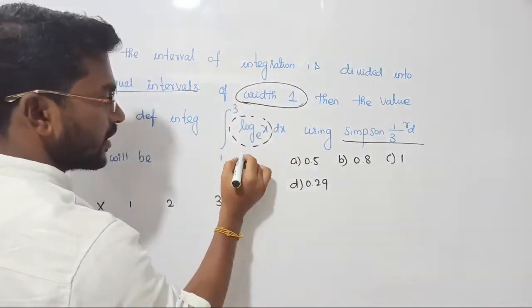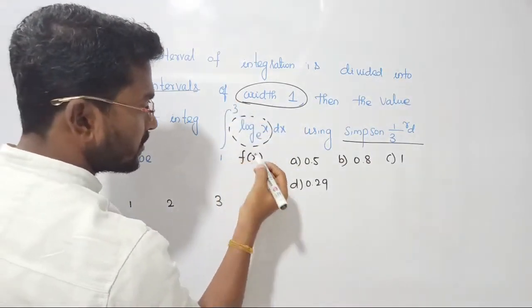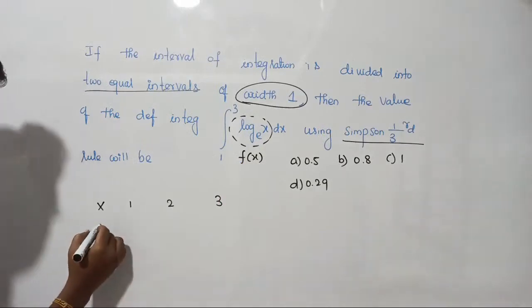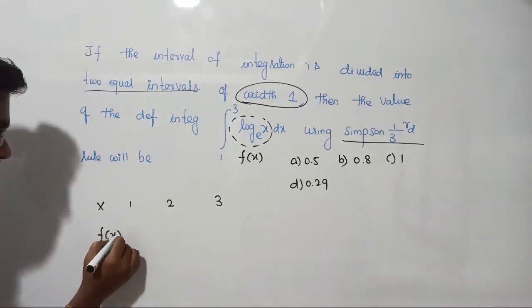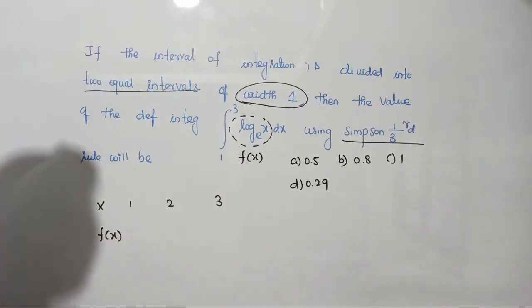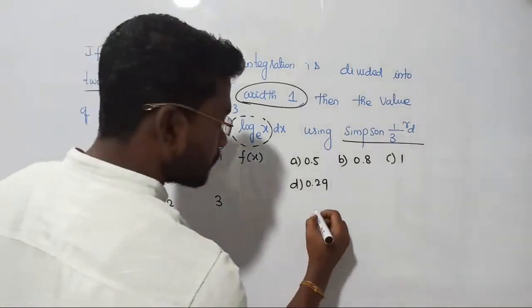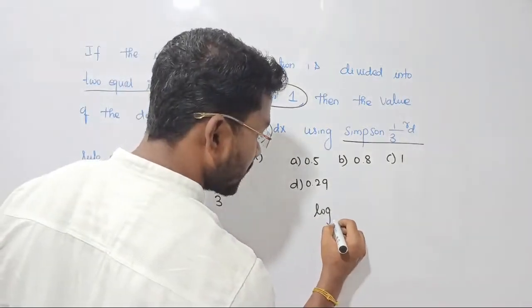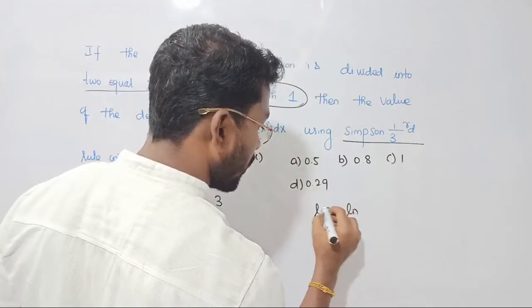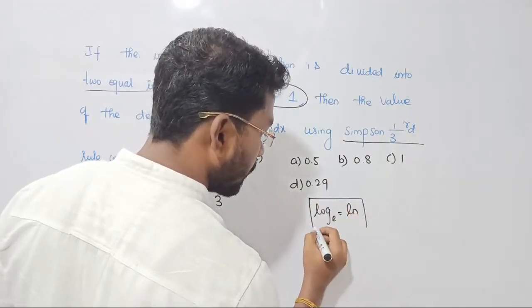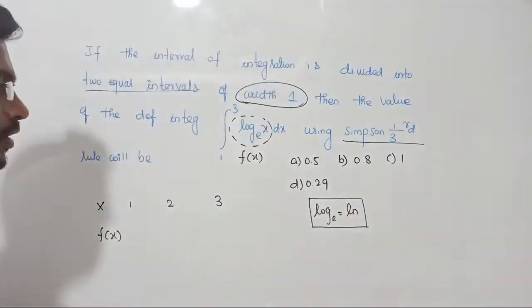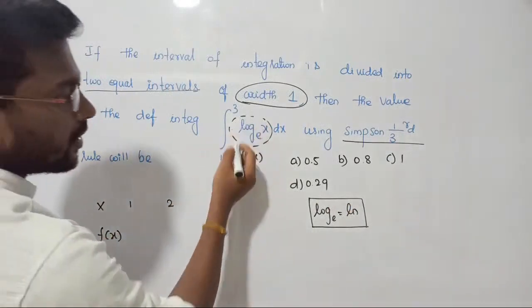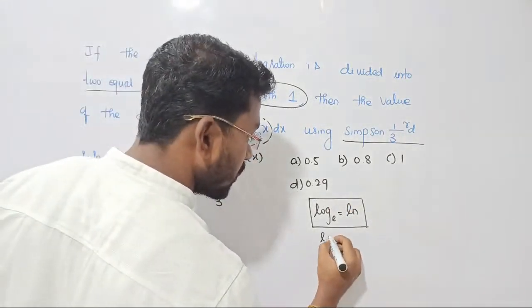So this is x, and we should estimate the corresponding f of x before applying it into the formula. Guys listen, log base e is known as ln only. So what was given is ln x.